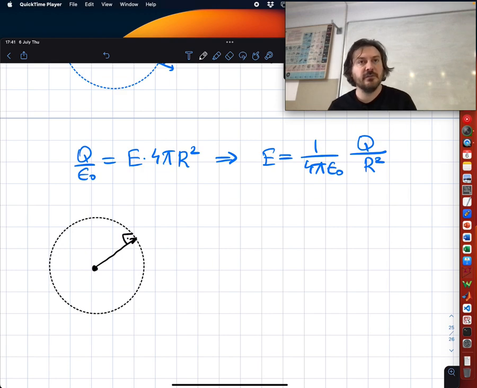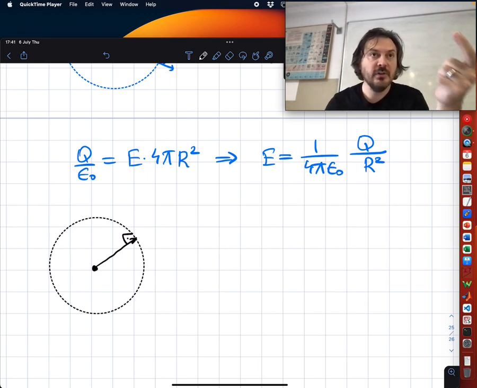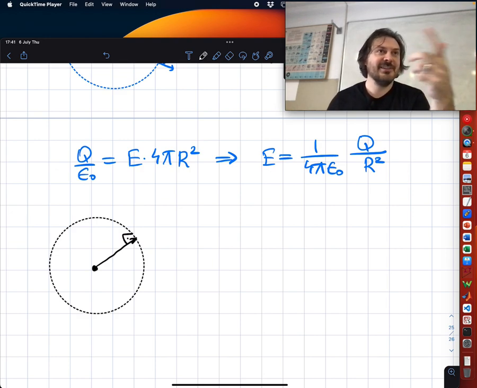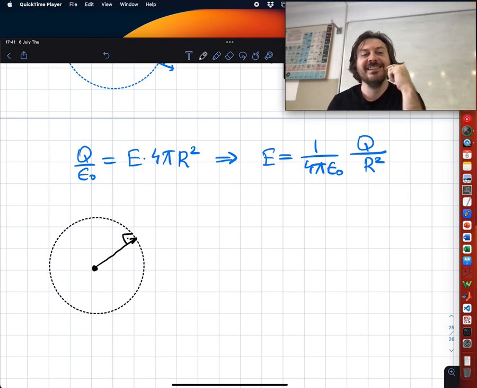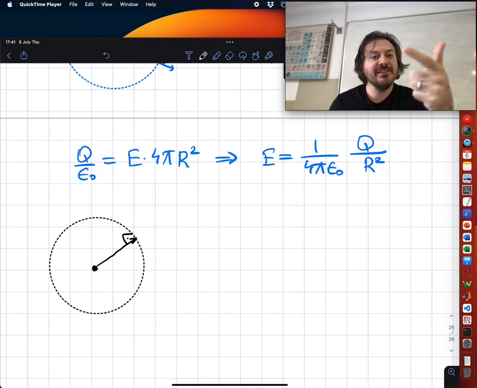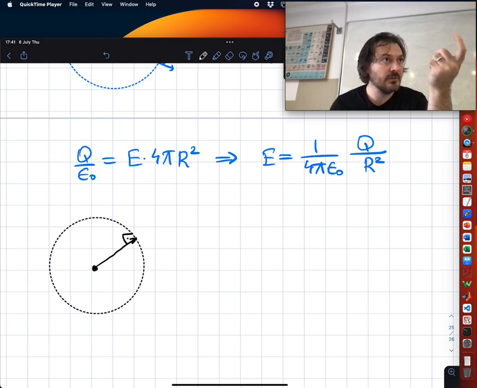It is because it's a sphere, uno, and dos, it is because it is at the center. Okay. If it's not at the center, then the electric field lines are not perpendicular.